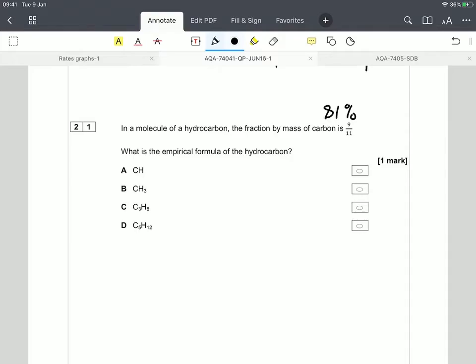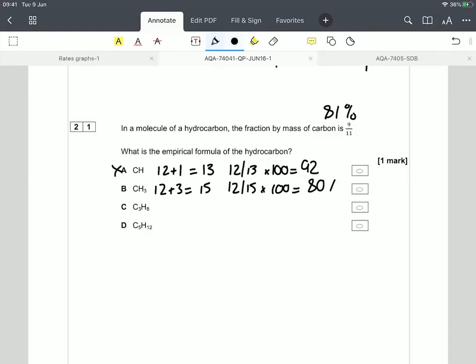Well, for this one, 12 plus 1 equals 13. 12 over 13 times 100 equals, so what I'm trying to do is work out the percentage biomass of carbon in each of these. That's like 92%, so no good. 12 plus 3 equals 15. 12 over 15 times 100 equals, that one's bang on 80, so that's no good either.